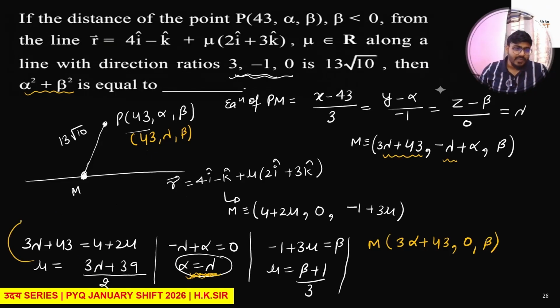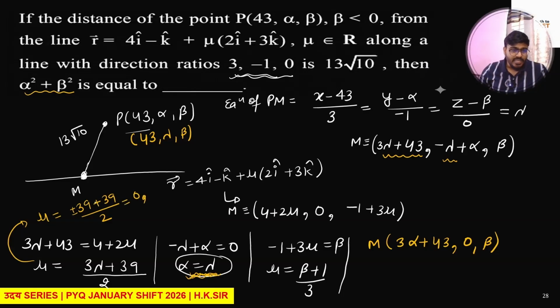So from here we can say mu equal to 3 into plus minus 13, 13 times 3 is 39, plus minus 39 plus 39 divided by 2. Okay, minus 39 plus 39, if you take negative it will be 0.